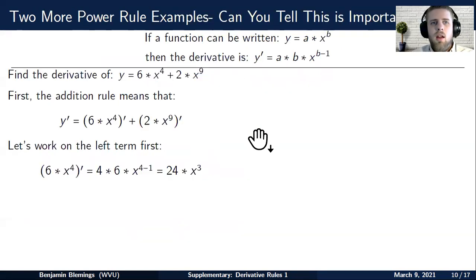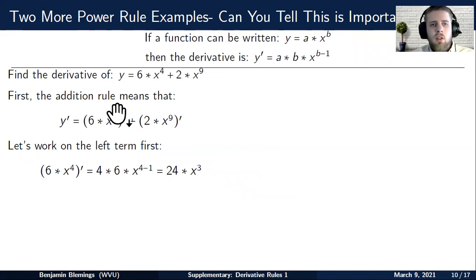And now 2 more power rule examples, and this is pretty important. So let's first find the derivative of y equals 6 times x to the 4th plus 2 times x to the 9th. Just to make it a little more involved. First, the addition rule means that we can just take the derivative of this and add it to the derivative of this, and we'll have the derivative of the whole thing.